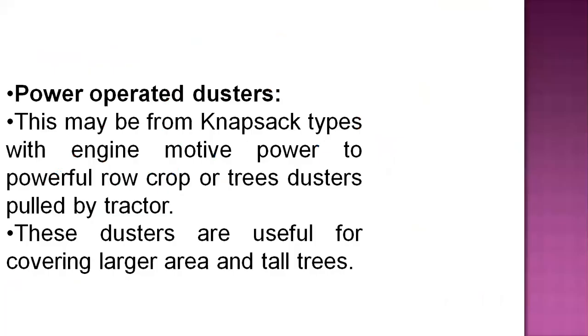Now the next one, the power operated duster. It may be of knapsack type, with an engine as motive power, or a powerful row crop or tree duster pulled by a machine like a tractor. These dusters are highly useful for covering larger areas and tall trees in very little time, and are used in many orchards.